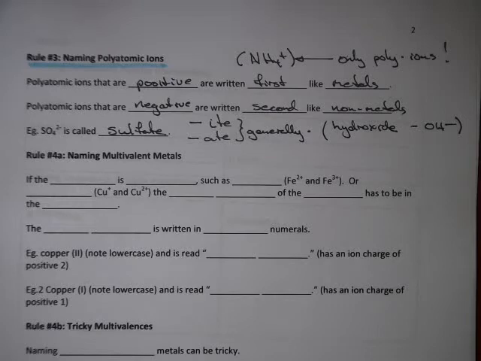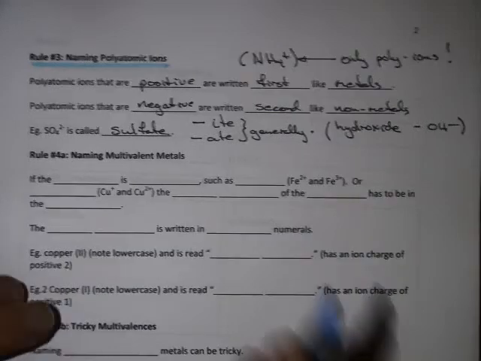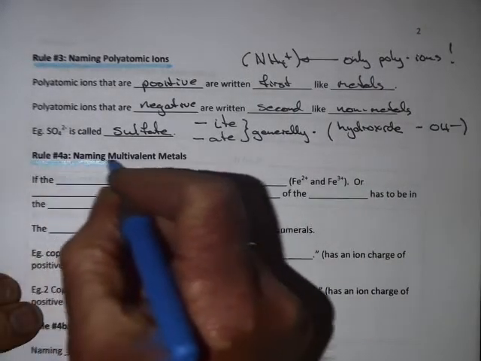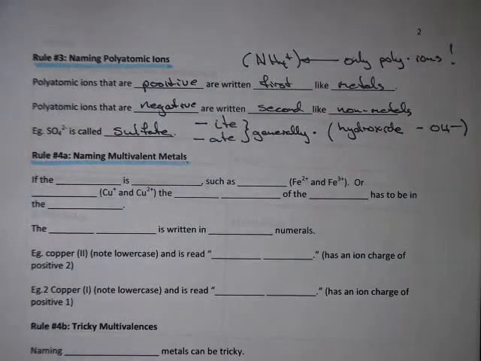So rule number 4. If the metal is multivalent, such as iron or copper, the ion charge of the metal has to be in the name. So let me write that down.